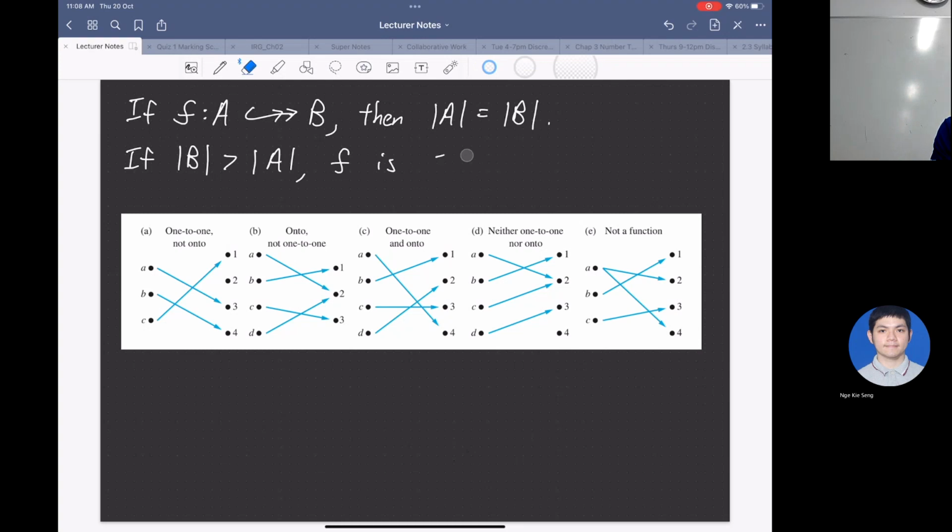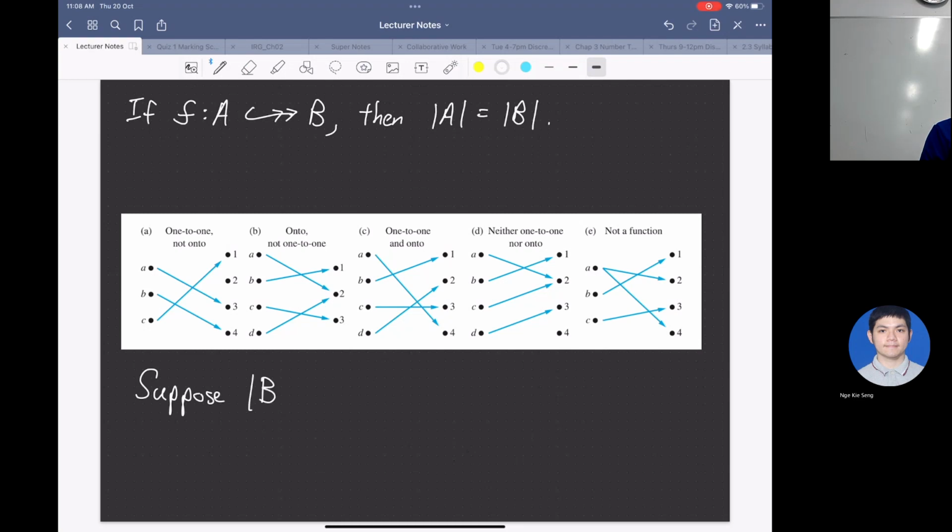Okay, there are a few cases, right? Suppose B is greater than A. So your codomain is greater than A, then your F is definitely not onto, right?